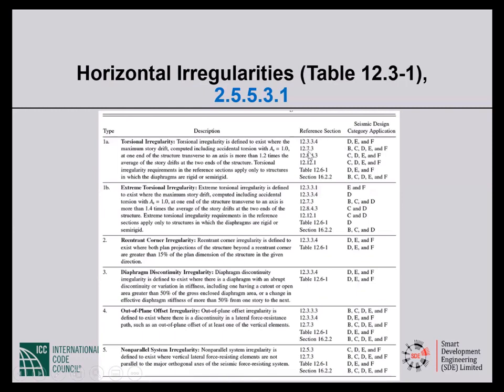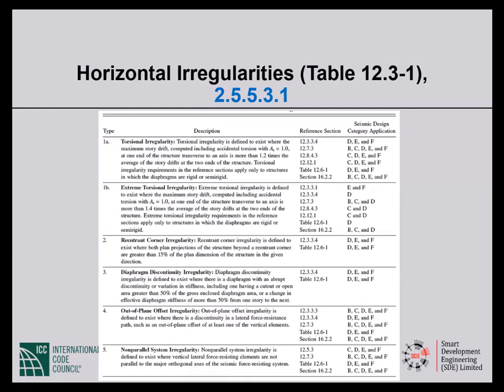This is the most important column. ASCE 7 tells you if you have torsional irregularity, or horizontal irregularity type 1A, you have to comply with all those sections in ASCE 7-05. Okay, very direct.